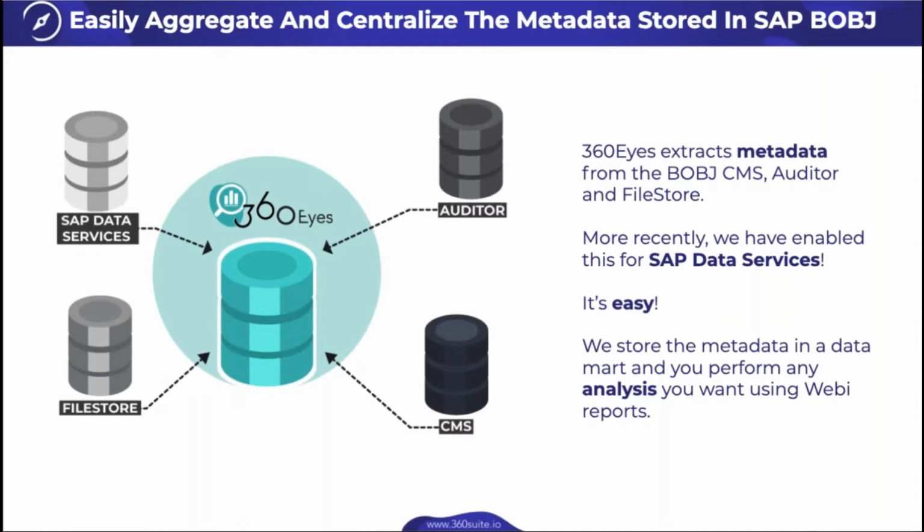What we call this is BI on BI, business intelligence on your business intelligence. What we're here to tell you about today is a new tool that we have put together, 360Eyes for Data Services, which allows you to do BI on your ETL.